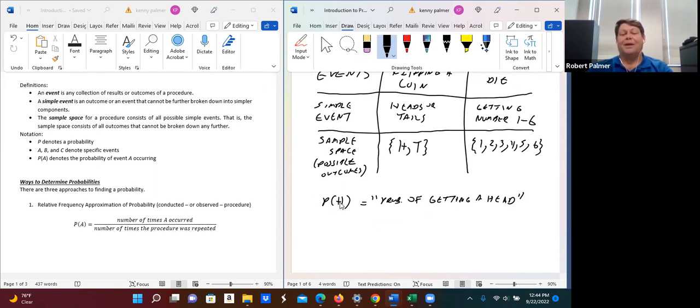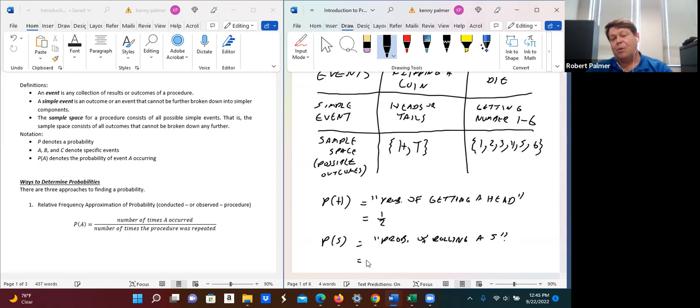All right, so the probability of getting a head, that's the way it's read in basic words, would be 1 out of 2. We'll explain later why we get that. Basically, it's 1/2 or 1 out of 2. Or let's say P of 5 on a die, the probability of rolling a 5.